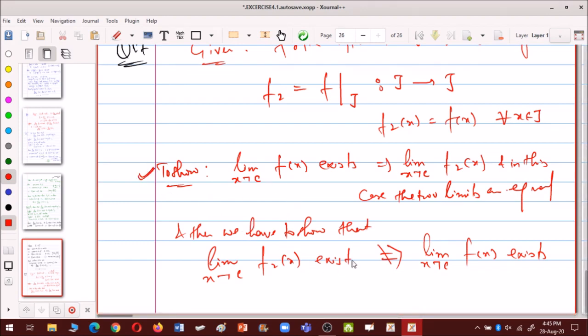So we will give an example here only, to show that limit x tends to c, f2(x) exists need not imply limit x tends to c, f(x) exists. For this we have to define a function.